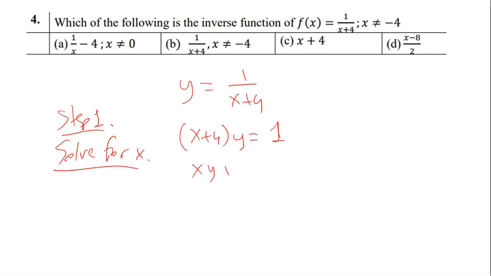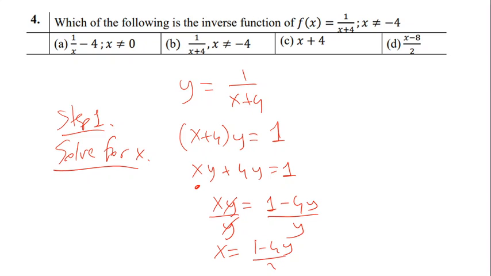You have xy plus 4y is equal to 1. Now we have the x term here, and now we send everything to the other side, and we end up dividing by y, so we get x equal to 1 minus 4y divided by y. And now you can change this one to f inverse of x.